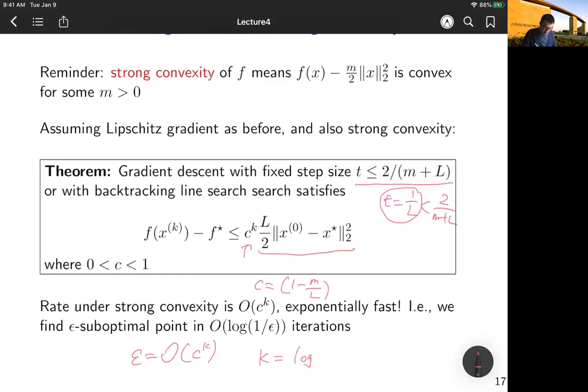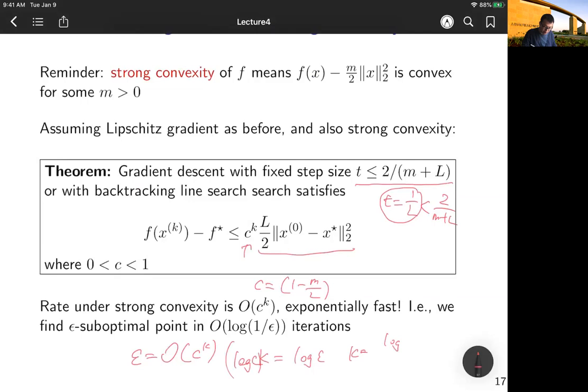If we take log on both sides, then we get k log c equals log epsilon, and then k is equal to log epsilon over log c.